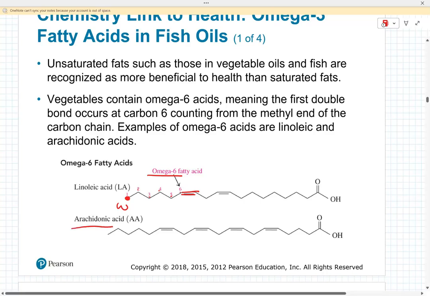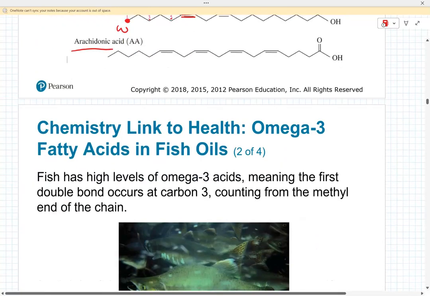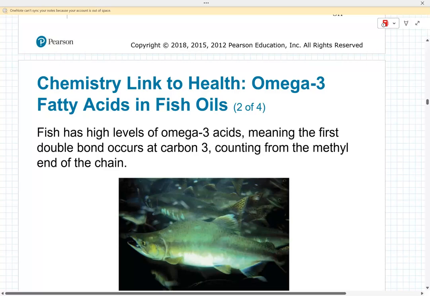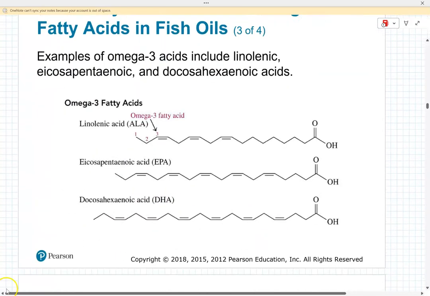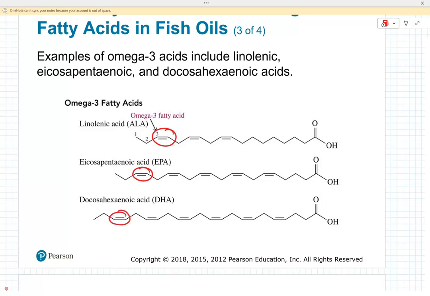Arachidonic acid is also omega 6. Okay? Omega 3 is an example of a fatty acid that has a double bond at the third carbon counting from the end. See that?